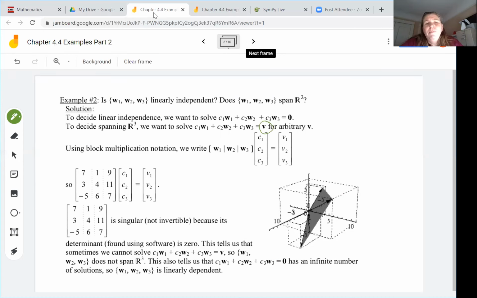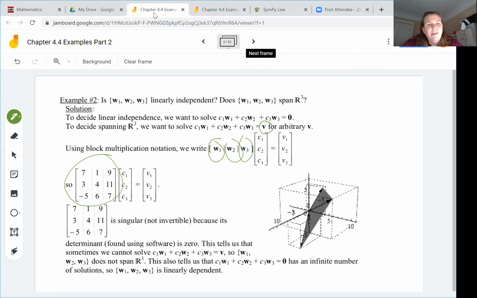So using block multiplication that we saw back in chapter 2, we can just say, okay, W1 here, W2, and W3 as blocks in that coefficient matrix times C1, C2, C3 equals V1, V2, V3, or if we put in our values here for W1, W2, and W3, we see they each correspond to a column because we're translating our vectors to columns here.